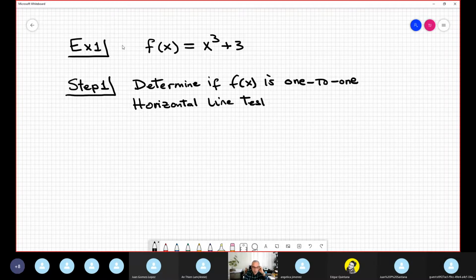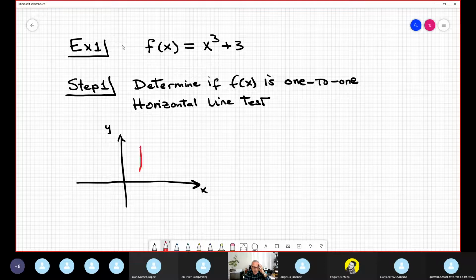So I need to have some idea how the graph of this looks. Actually, the graph of this is a family of the cubic function. Okay, you know the cubic function looks like that. The only thing we are doing is a transformation plus 3. Transformation plus 3 represents a vertical shift of 3 units up.